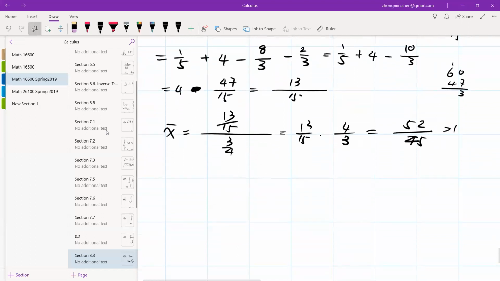Look at the picture: you have more area under the straight line than under the curve. So the center should be somewhere here. That's why it's slightly larger than 1. This is 1, this is 2. Makes sense.